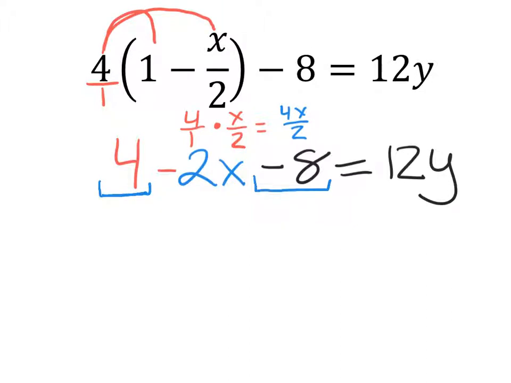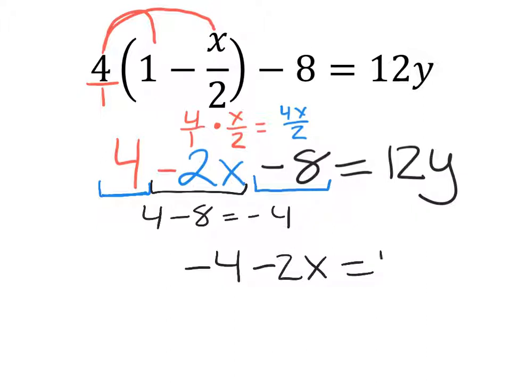So if it's a plus 8, that would be a positive 8. We're subtracting 8, so it's the same as a negative 8. So if we do 4 minus 8, that gives us negative 4. So we'll have negative 4, and we still have our minus 2x equals 12y.